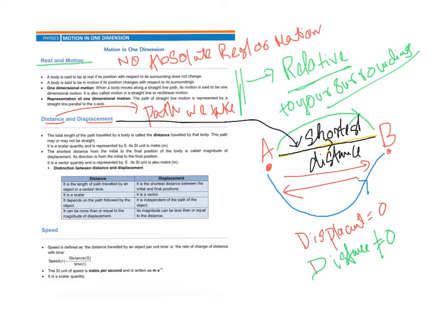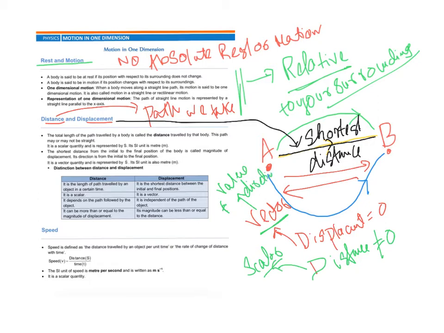Okay, so displacement is a vector quantity, and distance is a scalar quantity. A vector quantity has magnitude as well as a direction. This has got a value, plus this has got some direction. It all depends upon which direction you are traveling.